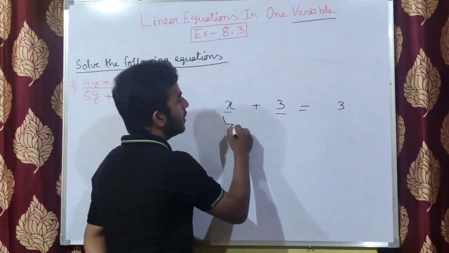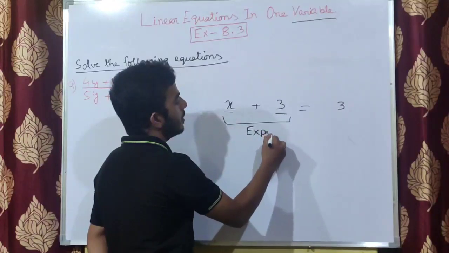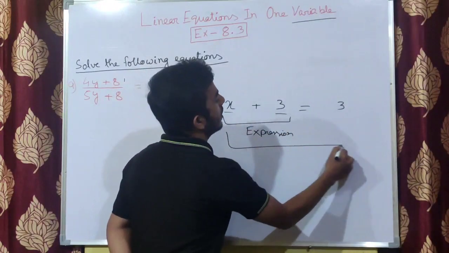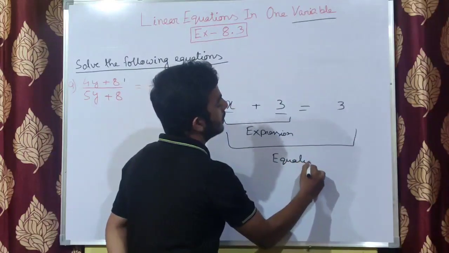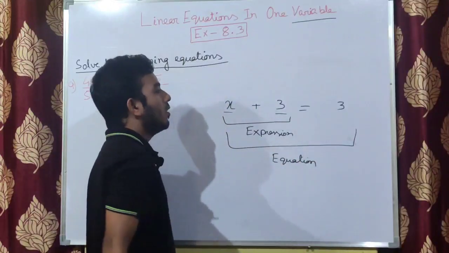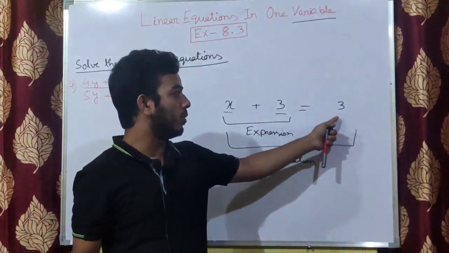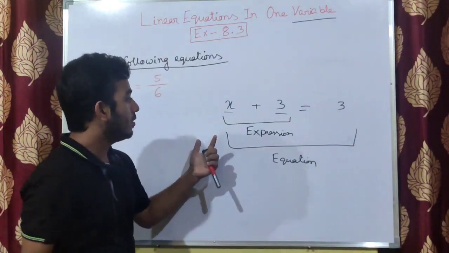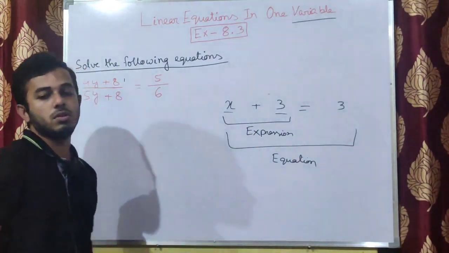So this is the expression, and the whole is the equation. Here in place of a constant, it may also be an expression. So this is the expression, and this is the equation.